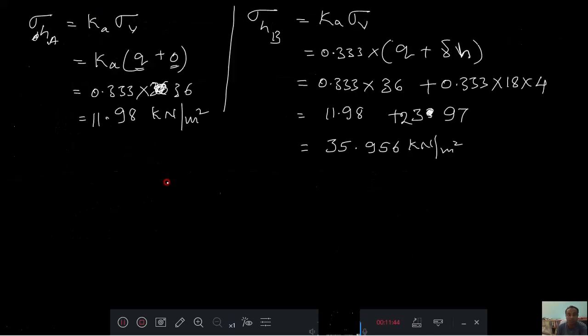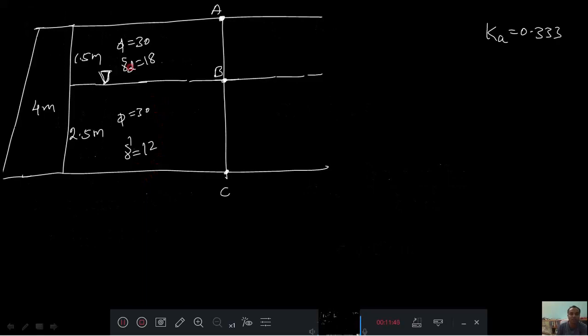Then I will calculate sigma H at A equal to Ka into vertical stress. Surcharge is also there. I forgot, that surcharge I also have to take here. Then point A is here, B point is here, and C point is here. On point A, how much is the load? Vertical stress is Q. Q is how much? 36. Means I am getting the same 11.98.